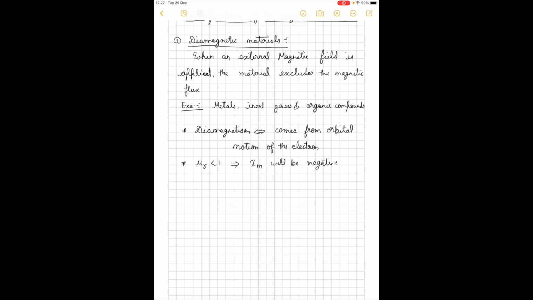The net magnetic moment at the atomic scale would be 0 for each atom. Then the applied magnetic field distorts the electron's orbital motion, which leads to the diamagnetic behavior.